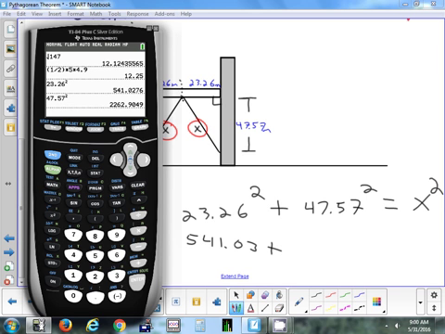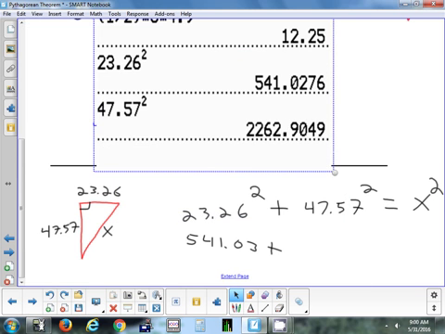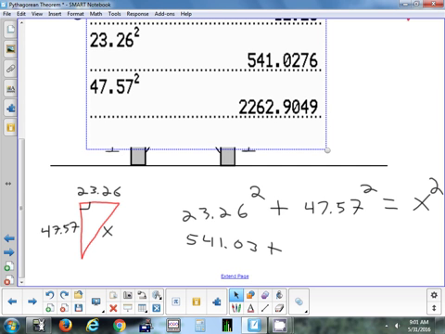Okay, so 47.57 is going to round to 2,262.90.